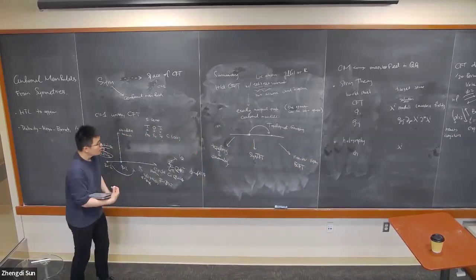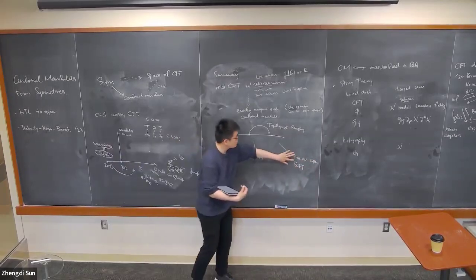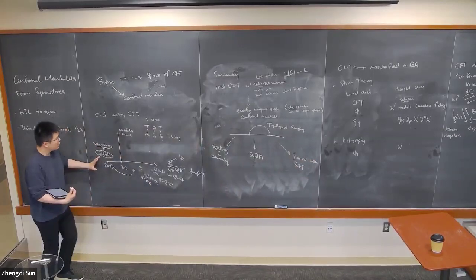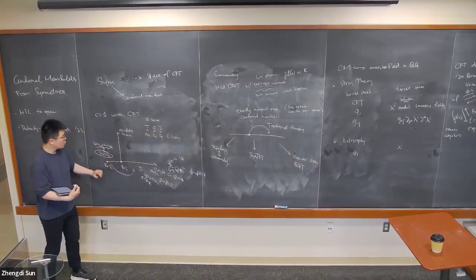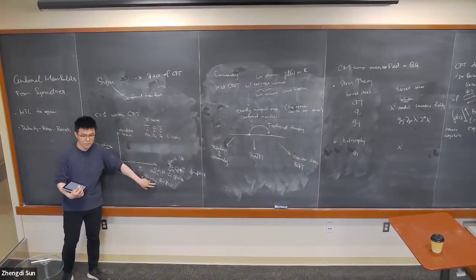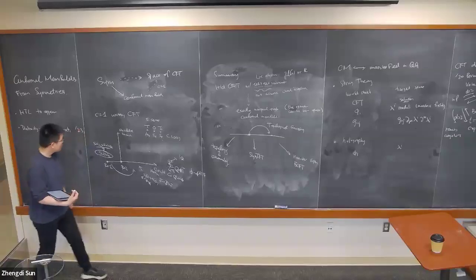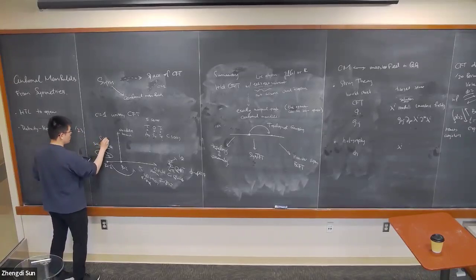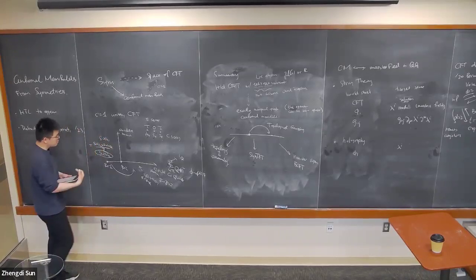But let me just give you a quick summary of what's happening here. Let's look at what happens on the circle branch. On the circle branch, if we're staying away from this point, we only see the U1 times U1 symmetry by our naked eye. But at this point, we see that there's enhanced symmetry, which is given by this SO4 symmetry, which is the SU2 times SU2 mod Z2.